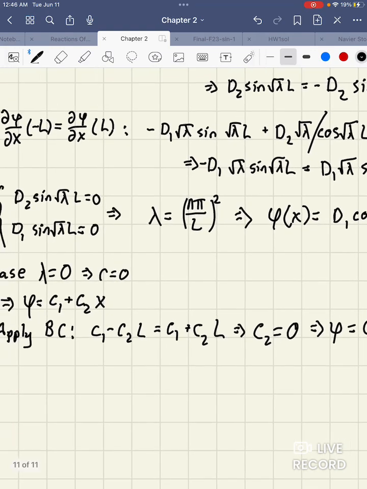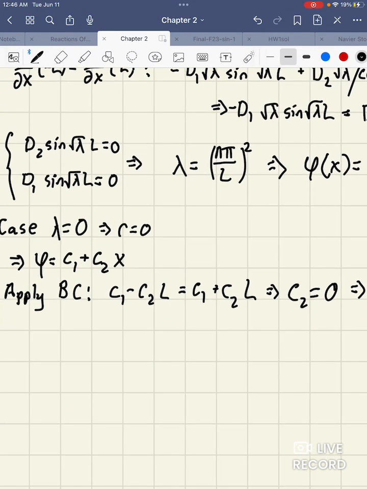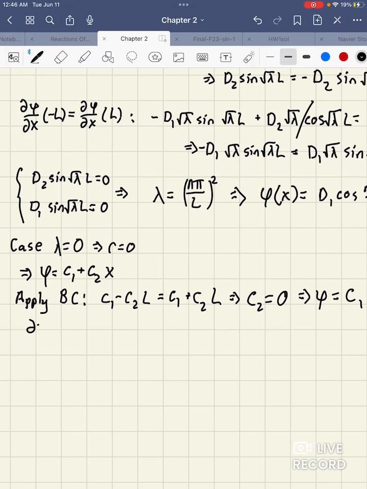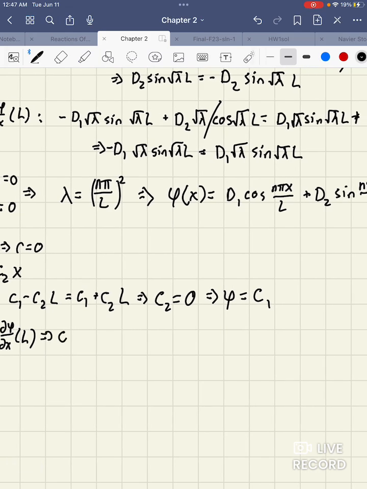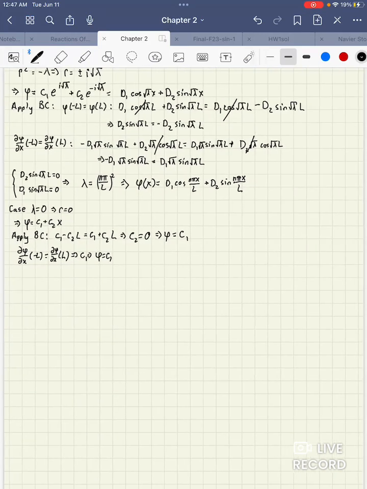Now if I apply the second boundary condition, where partial phi partial x at negative L is equal to partial phi partial x at L, if I take the derivative, I get c1 in both cases. So therefore my phi is equal to just c1. So both of them prove that lambda equal to 0 is also an eigenvalue satisfying the boundary condition.